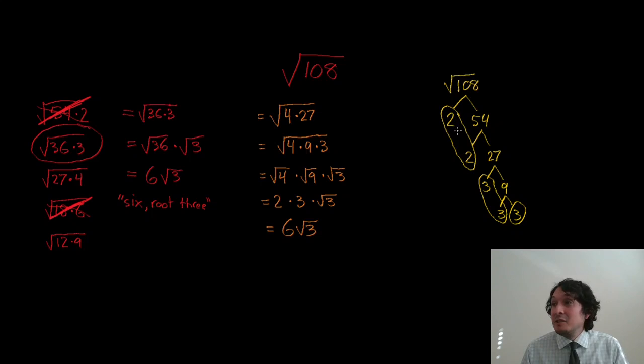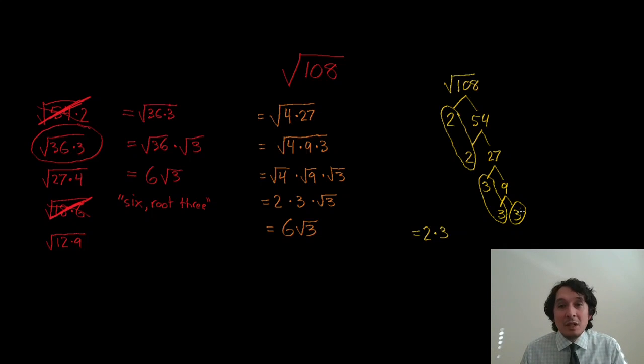And the trick to using this method is whenever you have a pair of numbers, you can write it outside of any type of radical, but you're not going to write 4 and you're not going to write 2 and 2, it's just one of them. So a pair of 2's is going to match up with a 2 outside of the square root, and a pair of 3's is going to match up with a 3 outside the square root.